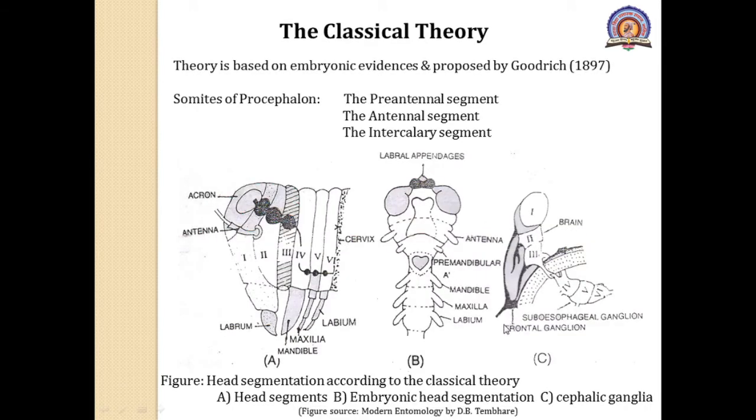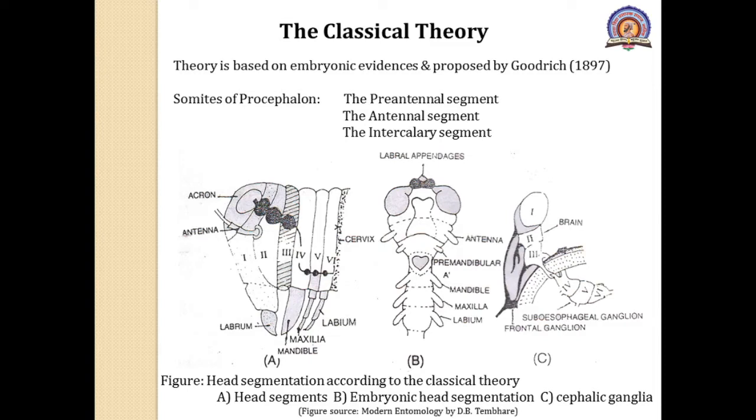So first of all, the classical theory of head segmentation. This theory is mostly based on embryological evidences such as the presence of neuromeres, embryonic segmental appendages, and the coelomic sacs which are developed during the formation of the embryo.